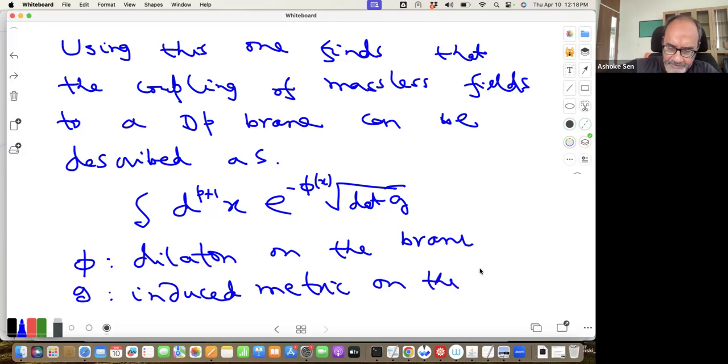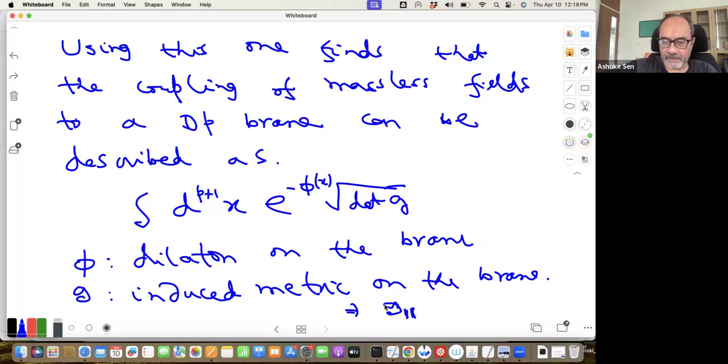Okay, so if the brane, for example, is along the directions where you have set some of the coordinates to 0, then this is basically G parallel. You have to look at the components of the metric along the parallel direction, and that's what will appear in this expression over here.